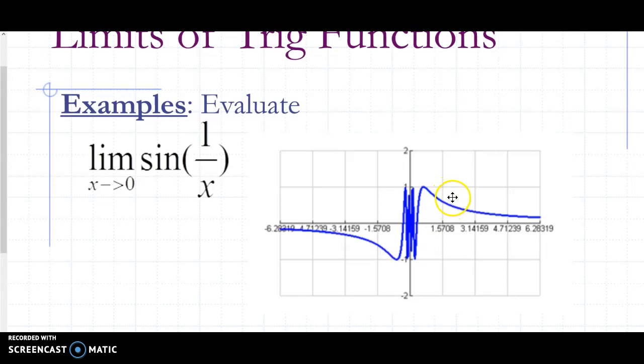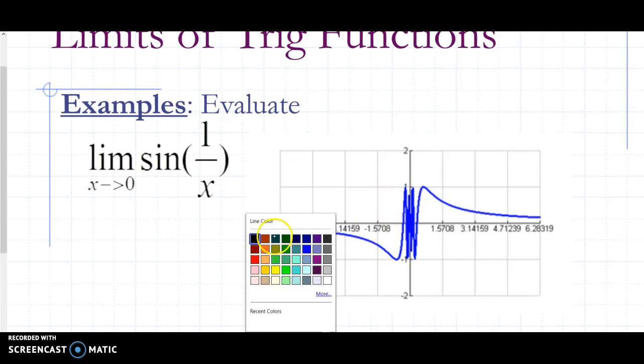So what is the value if x was 2 over pi, or 2 over 3 pi, or 2 over 5 pi, and so on? Well, those values that I just listed off are getting closer to 0, but their y values are oscillating between 1 and -1.